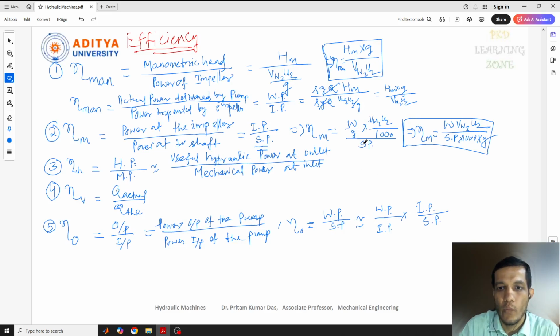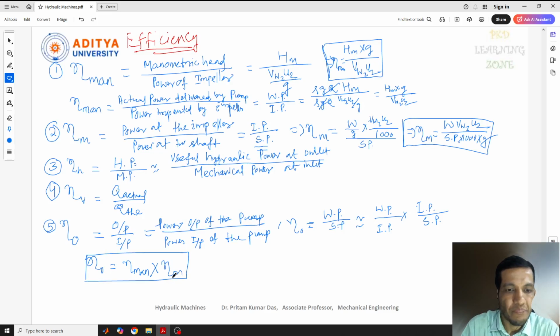Now you see water power by impeller power, what is that? We have seen already, water power by impeller power is nothing but manometric efficiency, and impeller power by shaft power, that is mechanical efficiency. So we can write in this way also, the overall efficiency is nothing but manometric efficiency into mechanical efficiency.